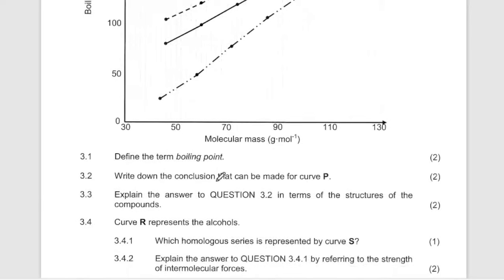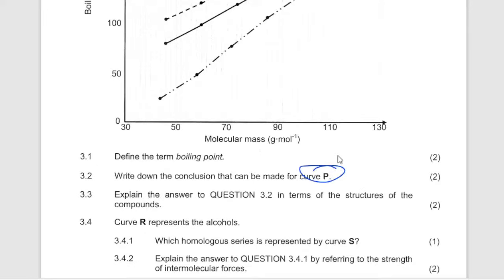Define boiling point. This one you know. Temperature at which the vapor pressure of a substance is equal to the atmospheric pressure. Definitions you know; in most cases, I don't talk about them. Yes. 3.2, because it doesn't change. Write down the conclusion that could be.